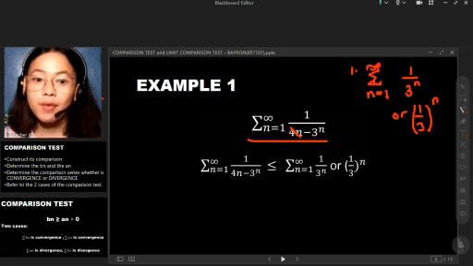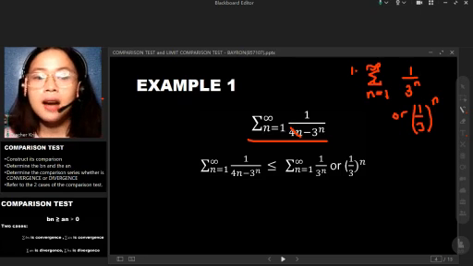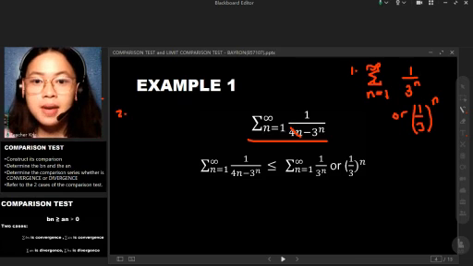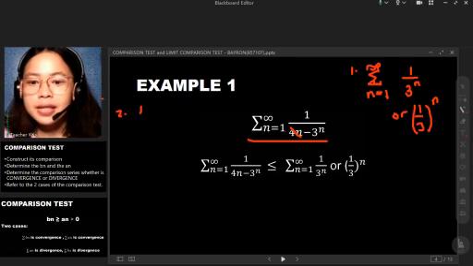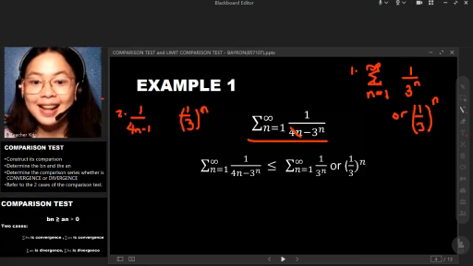Now, we already have its comparison. The second step is to determine the big sequence and the small sequence. So we have here the first sequence, 1 over 4 to the power of n minus 3 to the power of n, and 1 over 3 raised to the power of n.